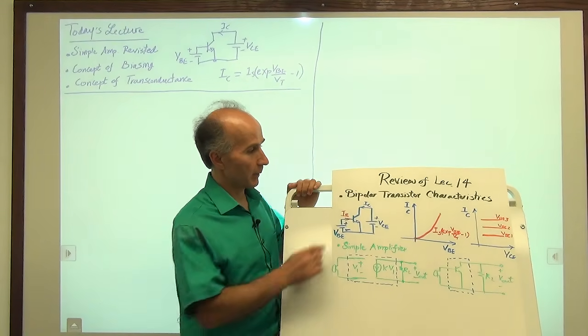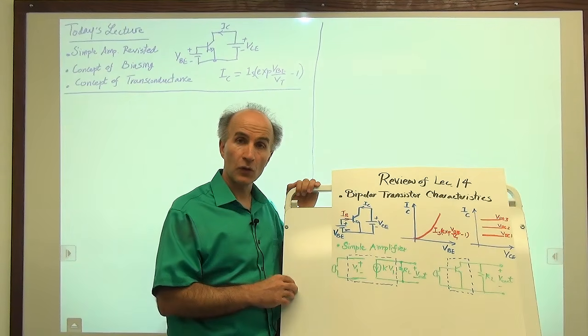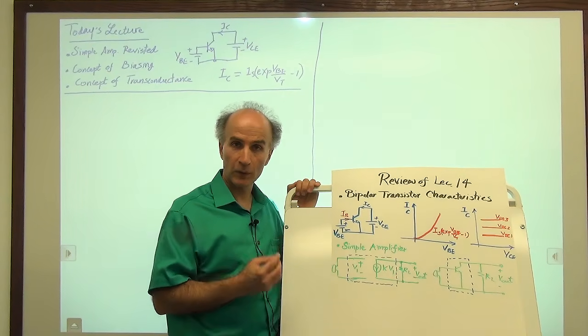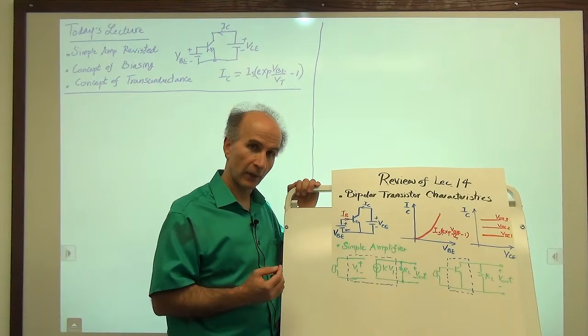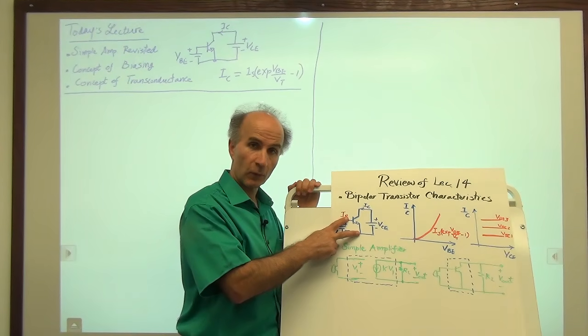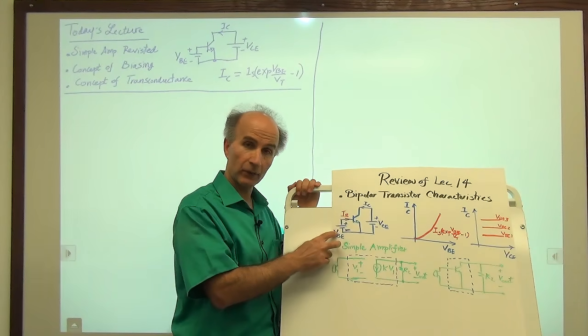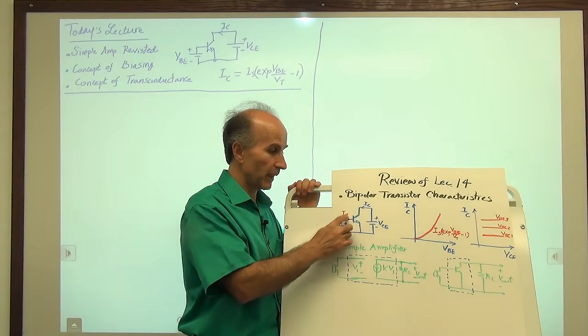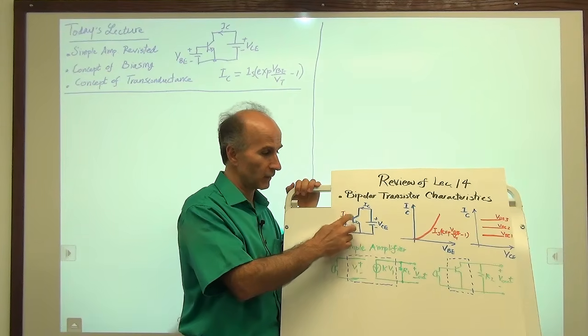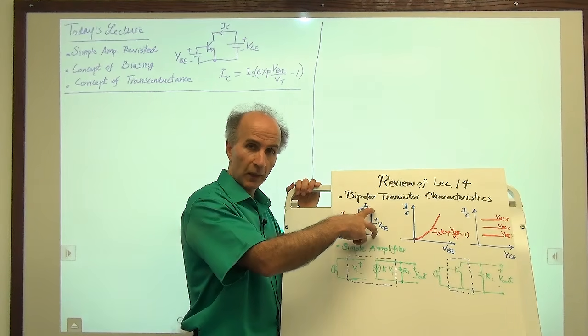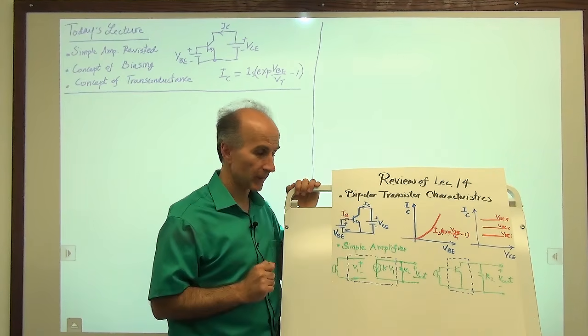We said that a bipolar transistor is usually biased or placed in what we call the forward active region, and that is defined when the base emitter is forward biased by means of a battery, and the collector base is reverse biased perhaps, and that's also guaranteed by another battery that we connect between collector and emitter.